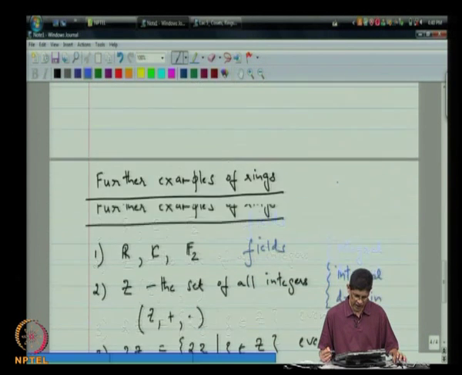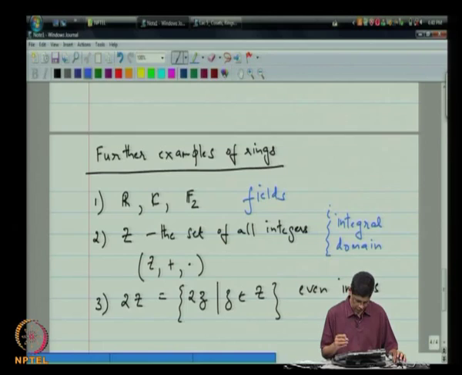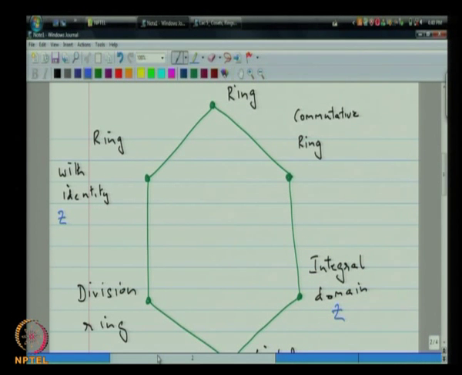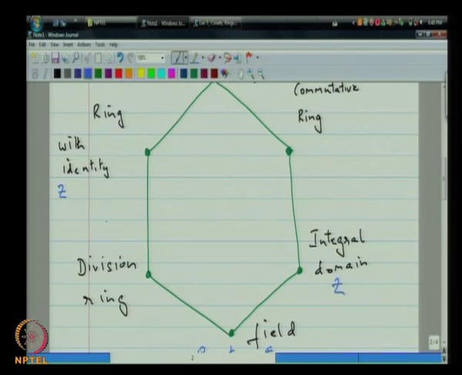Okay. So, let us now go back. Okay, here we go. So, if you look here, then certainly it is a ring, and the even integers are commutative. If you ask the question, are they an integral domain?